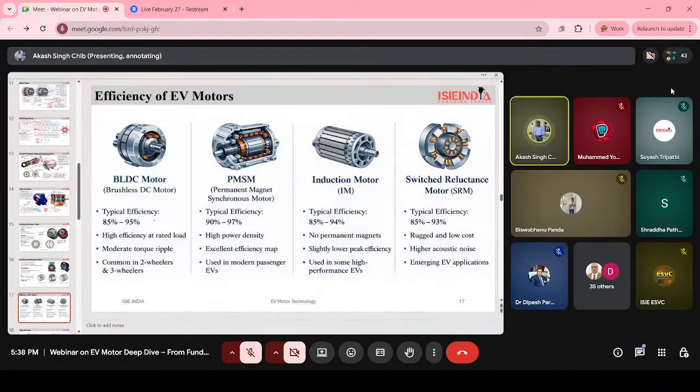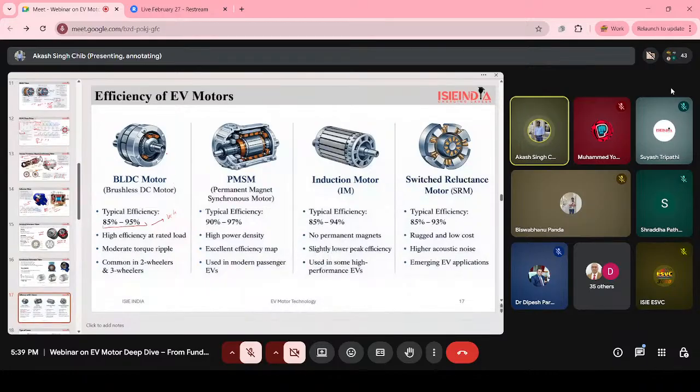Now let's discuss some efficiency of electric motors. How can we increase the efficiency of a motor? As we can see, every motor has a different efficiency. The brushless DC motor typically has 85 to 95% efficiency. This efficiency gets distributed to the vehicle.